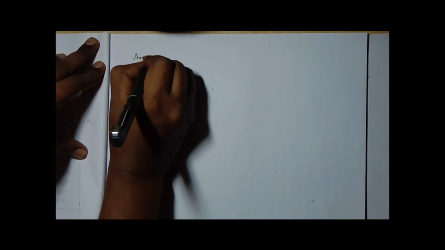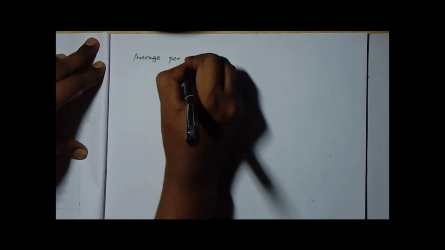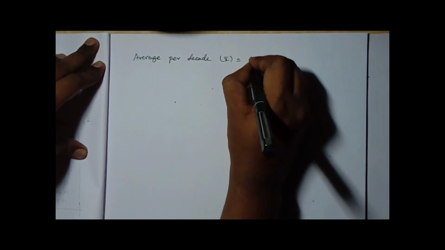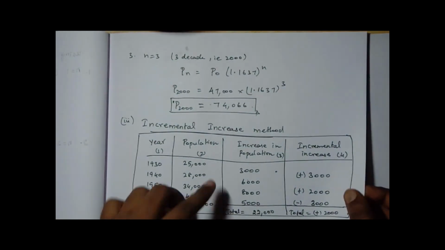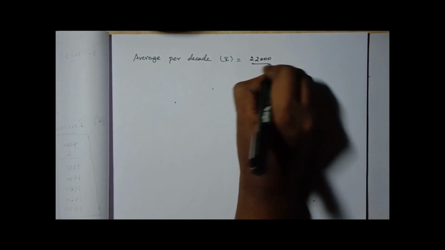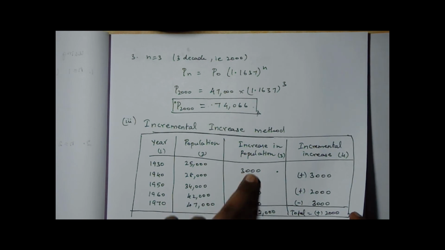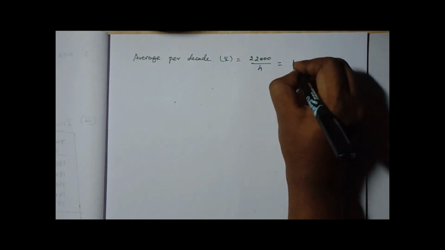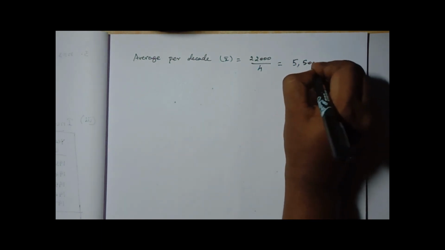Now we have to find the average per decade, which is known as x bar. We found the increase in population as 22,000, divided by 4. The average increase in population is 22,000 divided by 4, which is nothing but 5,500.